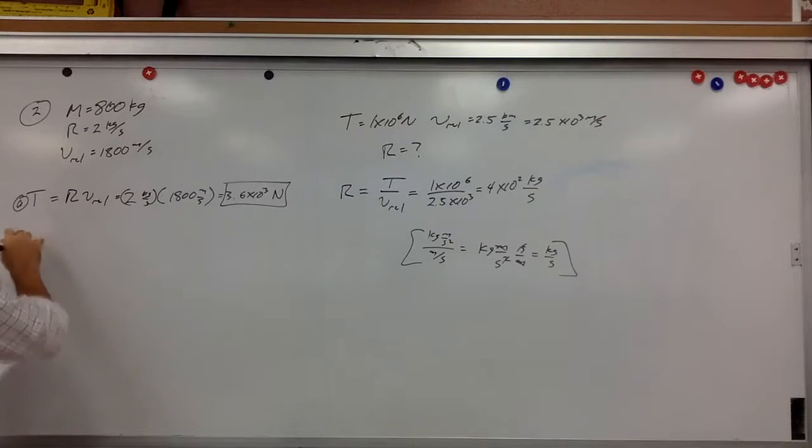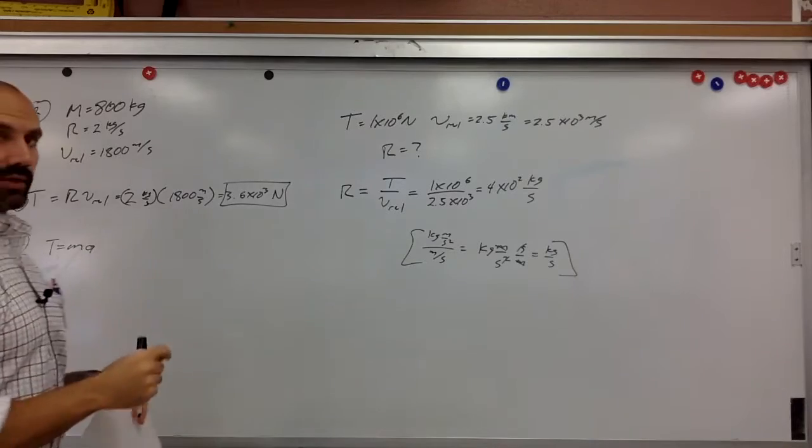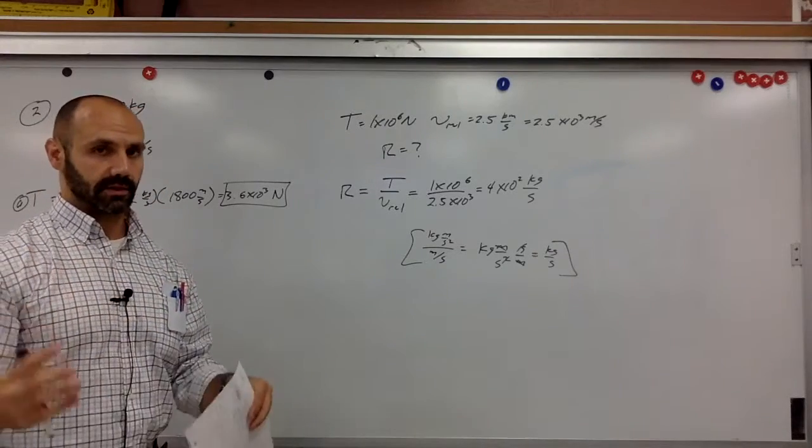Simple enough. B asks for the acceleration at the beginning of the burn. So T equals ma, right? Thrust is a force. And we know the mass. This is only true at the beginning because the mass is what it is at the beginning and then it's changing after that. So that means the acceleration is changing.